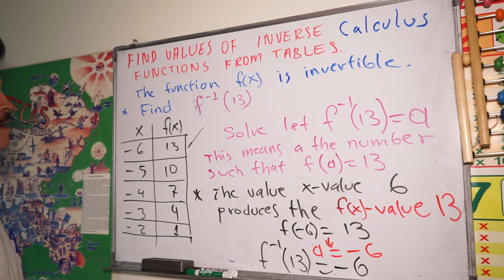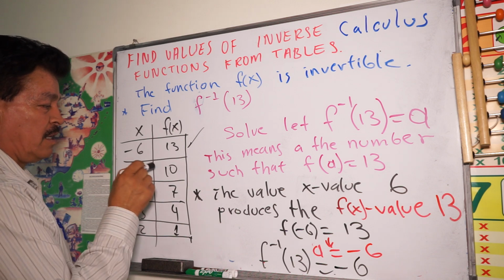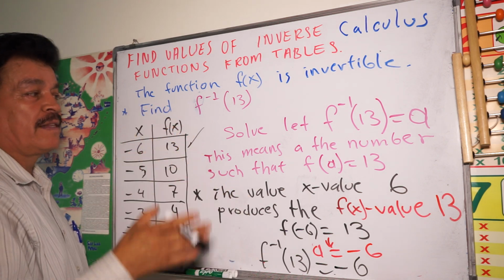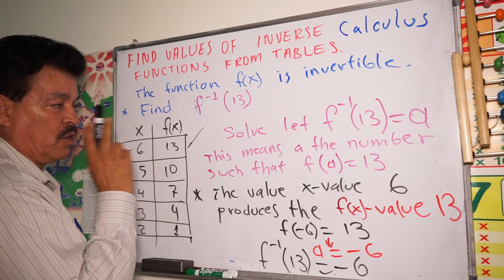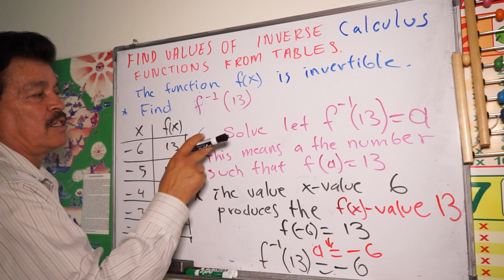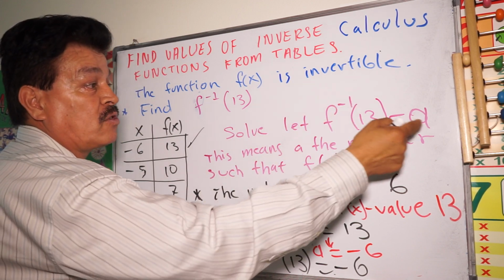That's it. So find the values of inverse function from tables. This is a table. Remember the concept that I showed you before. So with this knowledge, solve f inverse of 13.